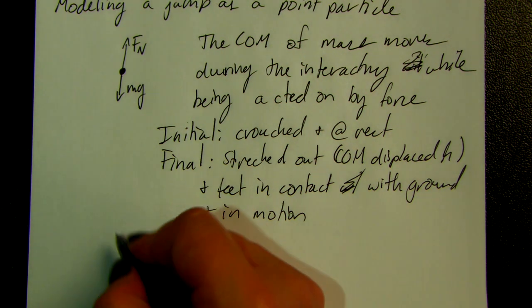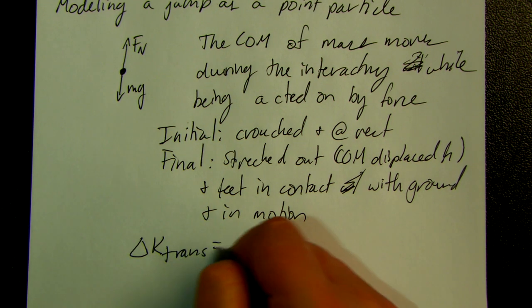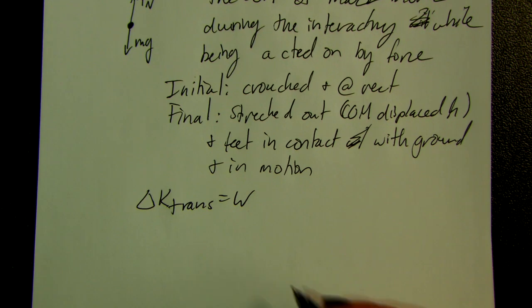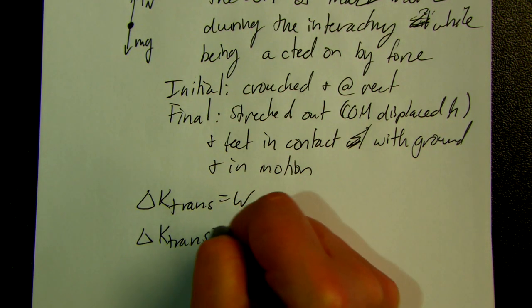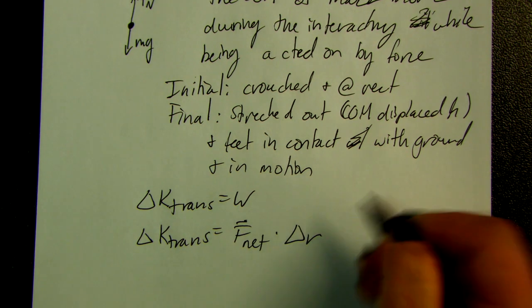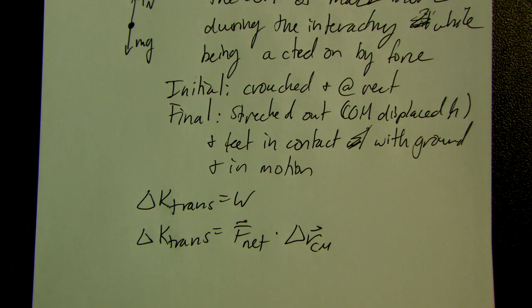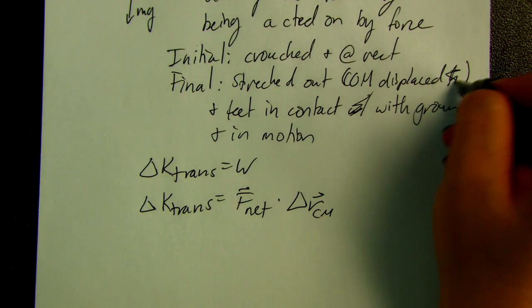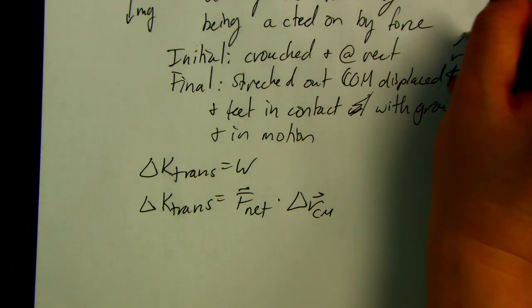Okay, so the change of translational kinetic energy is equal to work. The change of translational kinetic energy is equal to the net force times the displacement of the center of mass. I called it h.